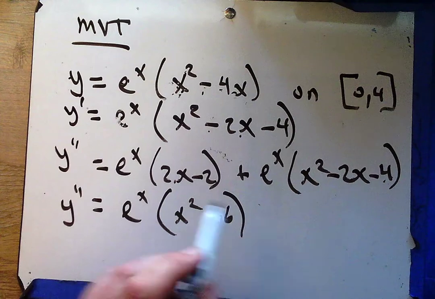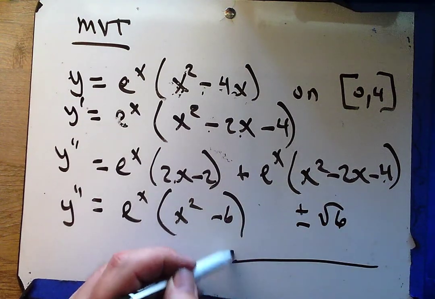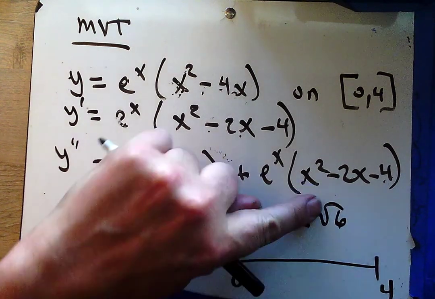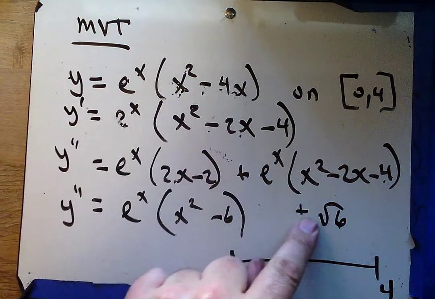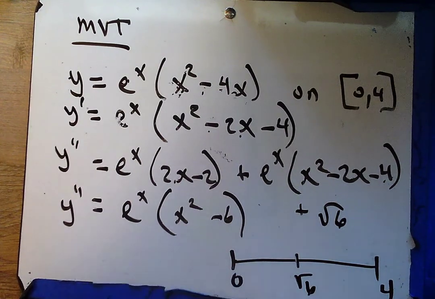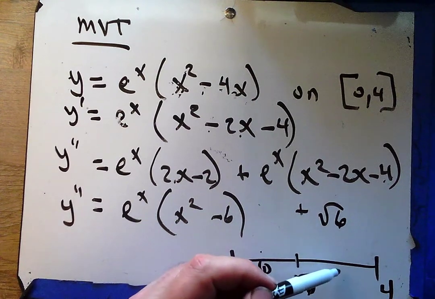This is equal to 0 at plus and minus root 6. However, remember we're still on this bounded interval. So can I have negative root 6? No, no negative numbers. So I've only got root 6 here. Remember, this is the square root of 16, so it's got to be on this side of that. So let's test stuff on either side, like 1 and 3.